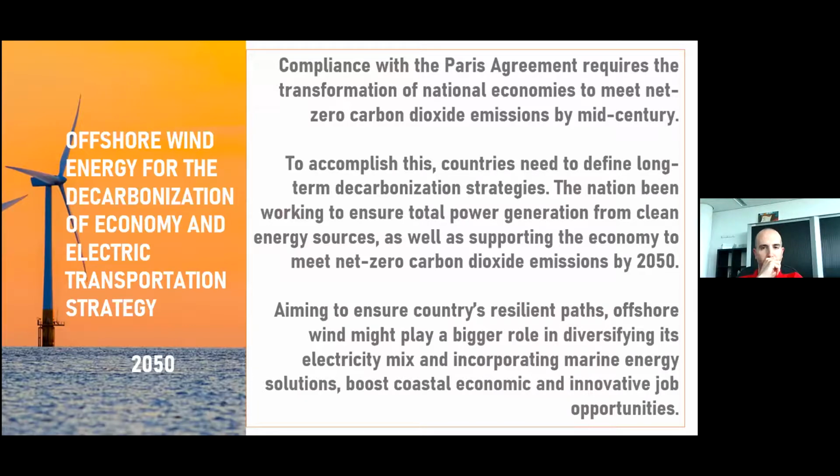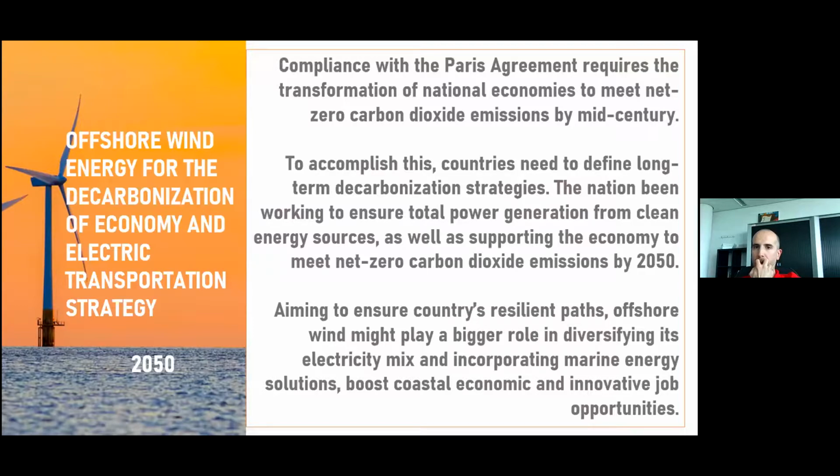And under this role, not only the current continental energy portfolio will be necessary, but we are also thinking that a very good participation from offshore wind could be complementary, could have a key role in the development of these important issues, not only decarbonization of the economy, but moving forward the electric transportation strategy.